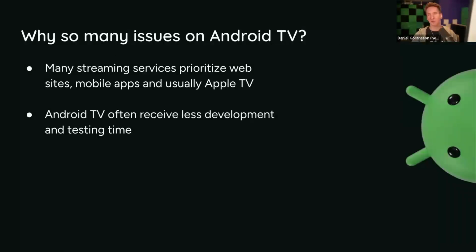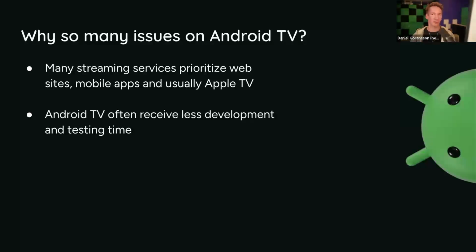Yeah, so we focused a lot here on Android TV. And the reason I've focused on that is this is the platform where we find the most issues when we're doing our different audits. I think it's because a lot of prioritization goes into the other platforms like the website, the mobile apps, and usually, sometimes at least, Apple TV as well.